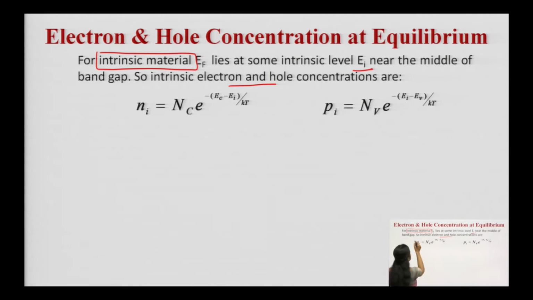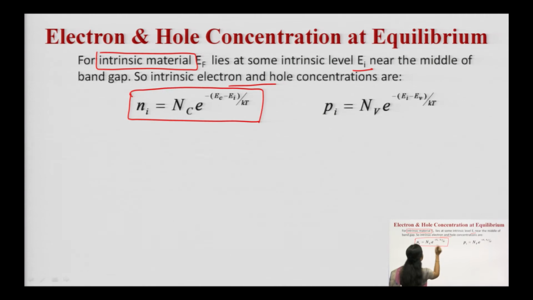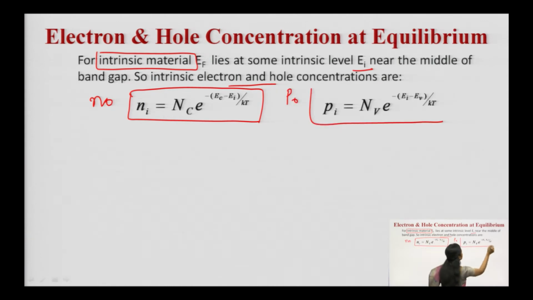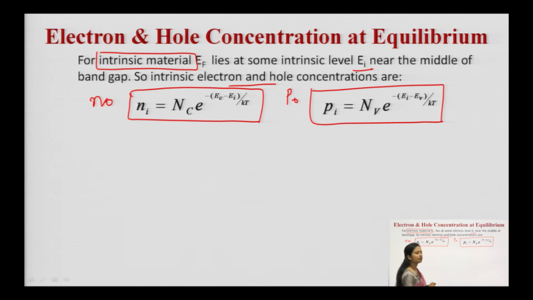See, Ni denotes the intrinsic electron concentration. This is nothing but n of C e raised to the power minus (Ec minus Ei) upon kT, because in the previous case we derived the expression for n naught and p naught, but when you are writing for the intrinsic case, we replace n naught with Ni, p naught with Pi. So, this is how you can write down the intrinsic carrier concentration, for the electrons and for the holes.